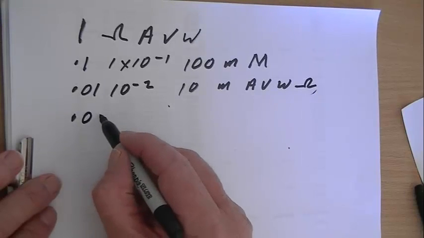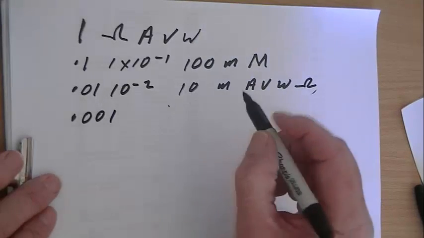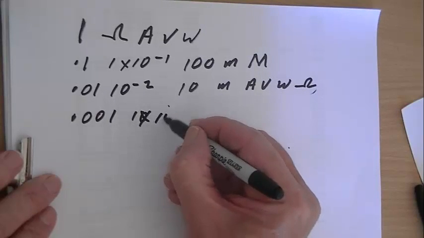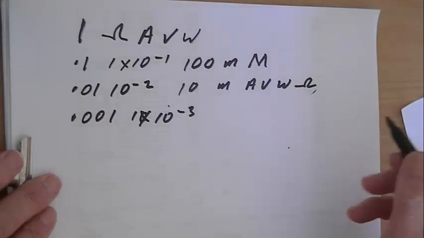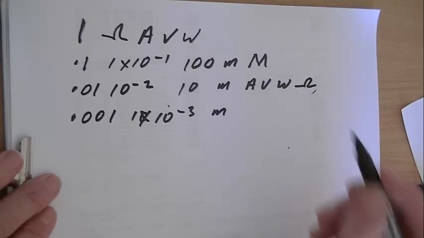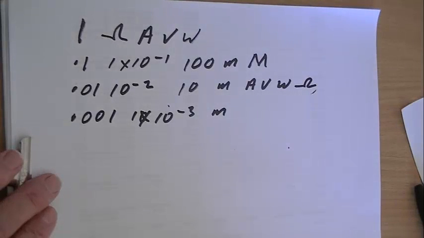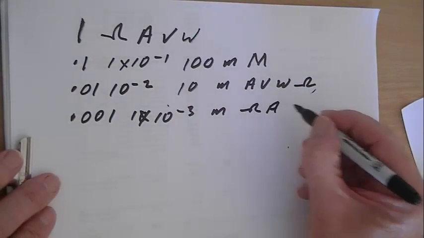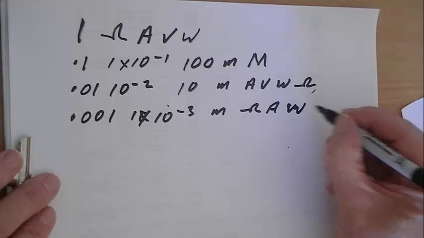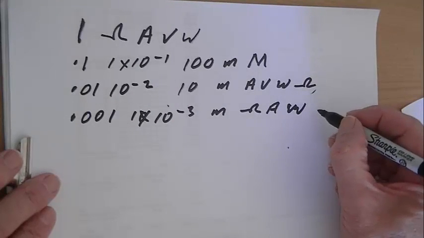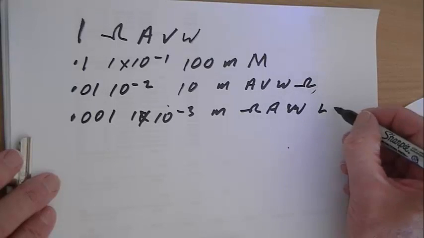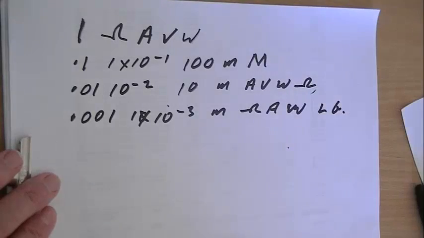Then you have 0.001, which is 1 times 10 to the minus 3, and this is 1 milli. Now we use milli all the time. It's 1,000th of whatever, 1,000th of an ohm, 1,000th of an amp, 1,000th of a watt, 1,000th of a litre, a milligram is 1,000th of a gram.